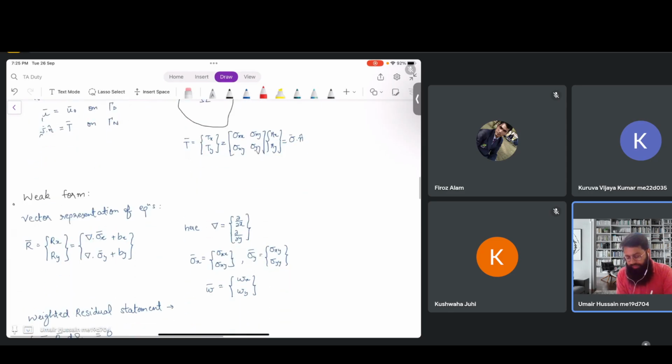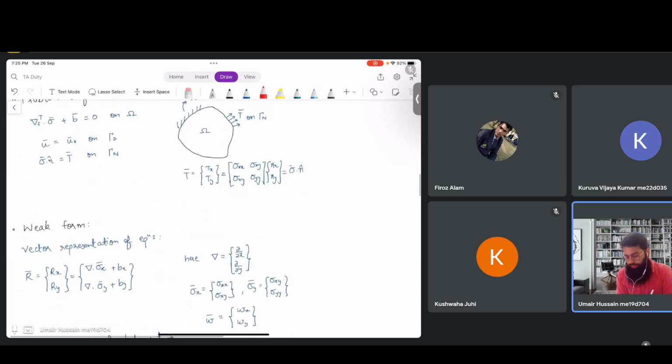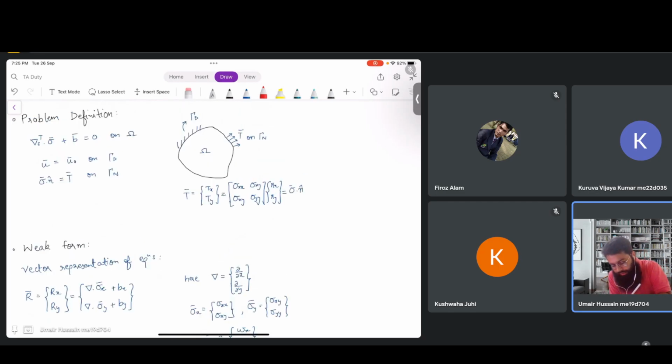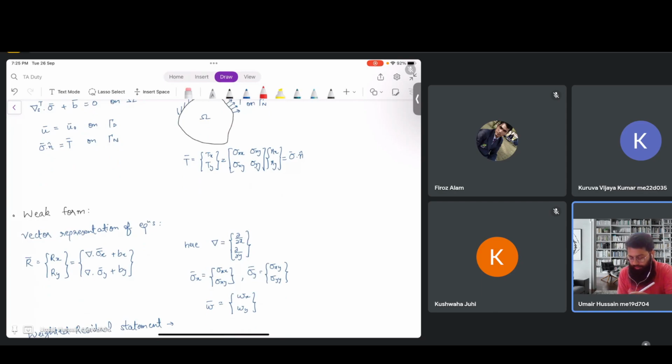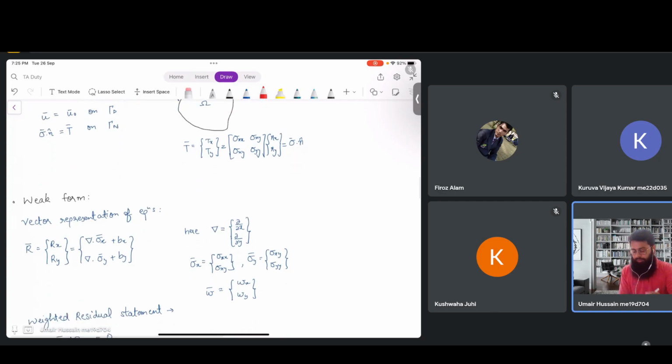So now taking the weak form of this vector equation. This equation here is a vector equation. That means it will have components. For 2D there will be two equations. So when we are taking the weak form, earlier we used to multiply a single scalar weight function.